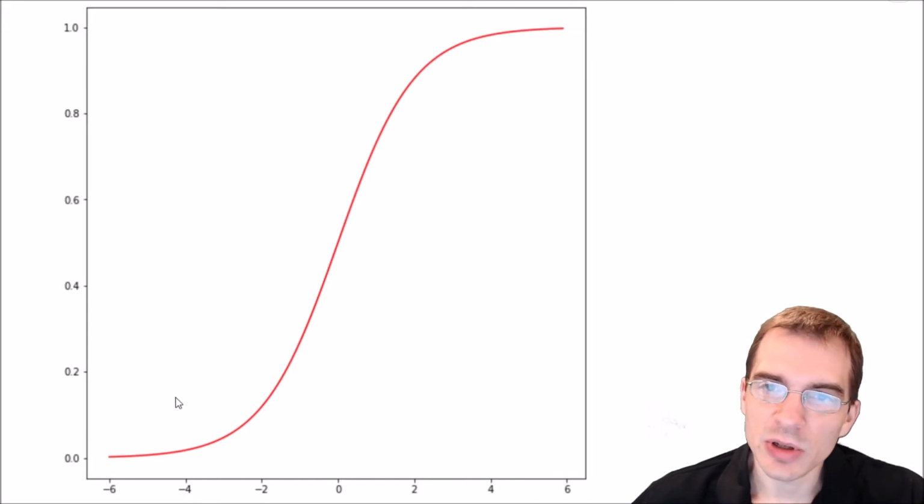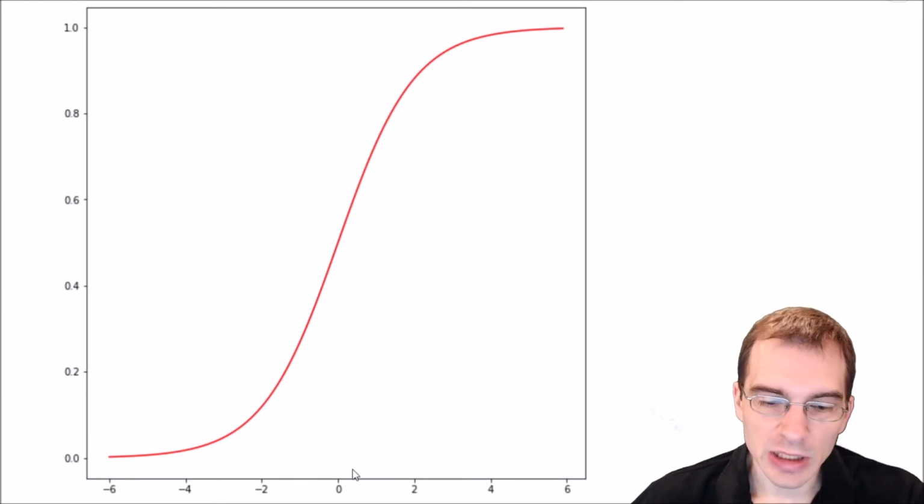So in that case, if we were assigning a label to something and it had a result very close to 0, we'd assign it the label false because it's very unlikely that it is going to be true. And on the other hand, if we get a result close to 1, that's telling us the probability of a true or positive case there is very close to 100%. So in that case, we'd probably assign it a prediction of true.